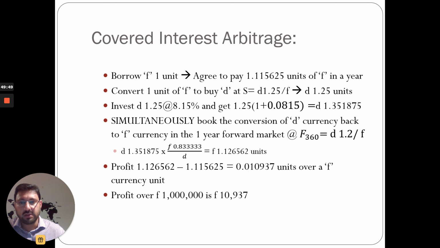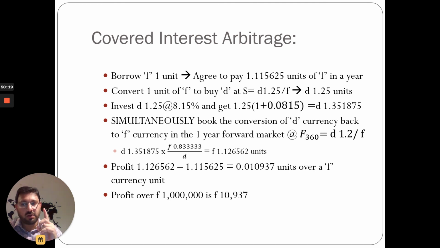If you do this transaction, what would be your profit? After locking your position at the 1 year forward rate and getting back the F currency, which is 1.126562, you have to pay interest and the principal on the F currency, and you will be left with 0.010937 units.